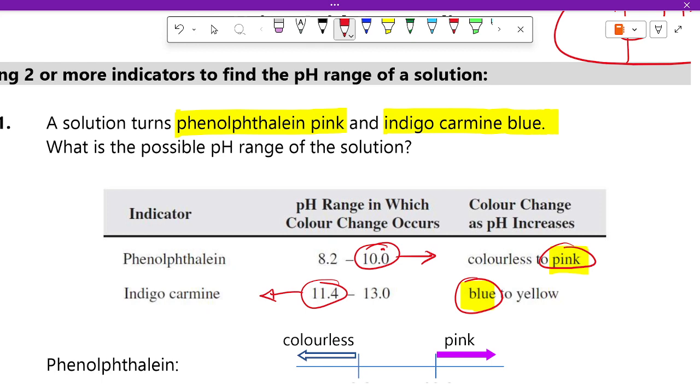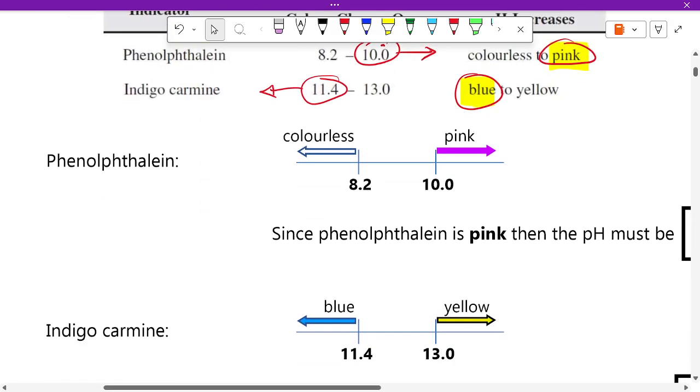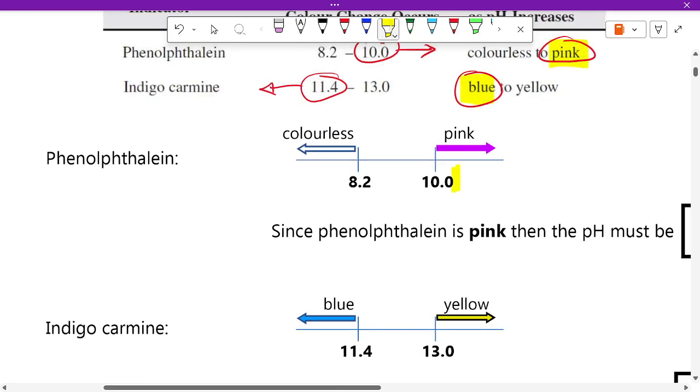Okay, so basically we know that phenolphthalein is pink above 10, and we know that indigo carmine is blue below 11.4, so our pH is going to be between 10 and 11.4. Okay, so this is what we got.